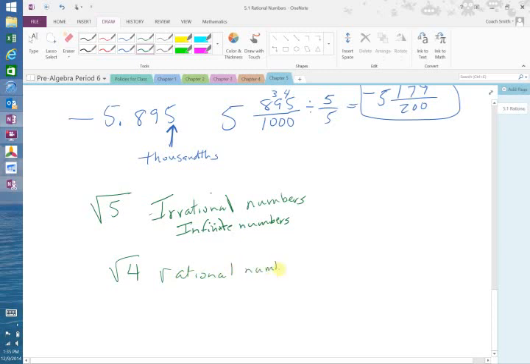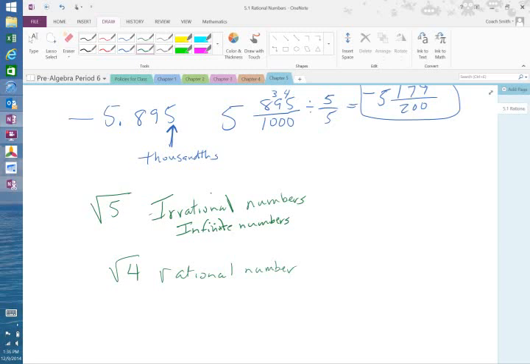Okay? Now, there are a whole lot of irrational numbers because there are a whole lot of square roots that are not perfect squares. For example, another irrational number that you probably didn't realize was irrational is pi. 3.14 is just an estimate of what pi is.